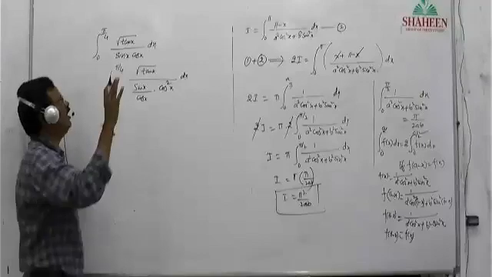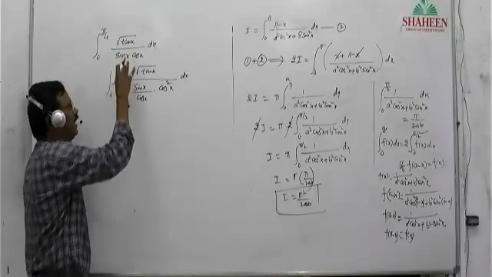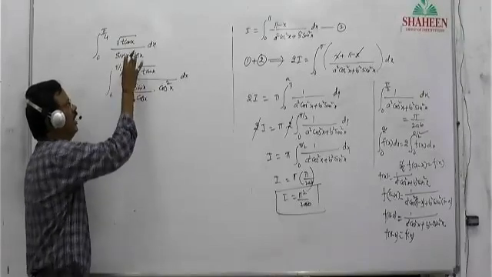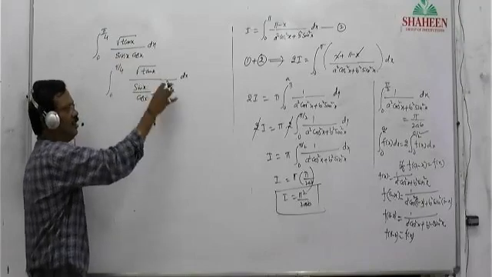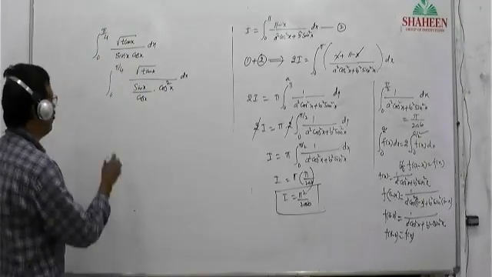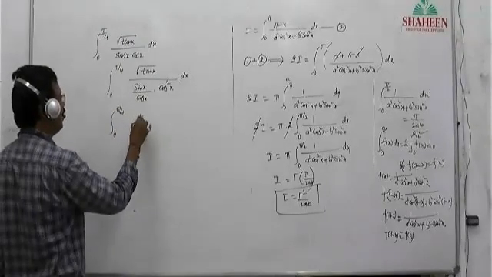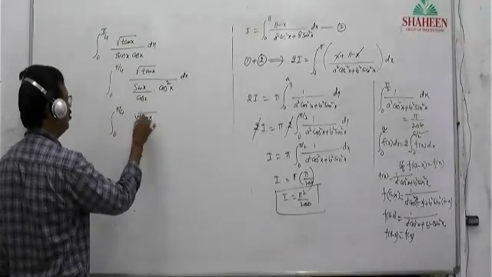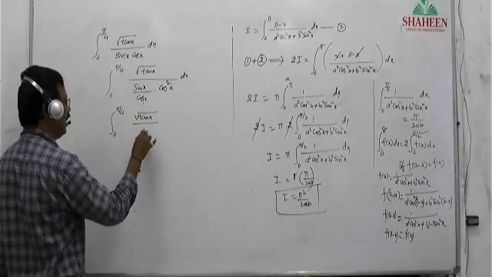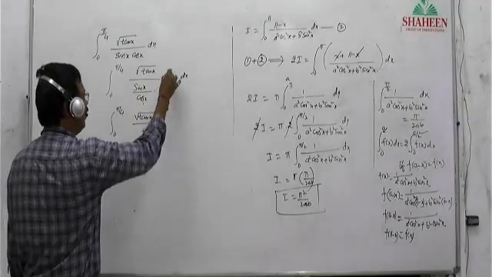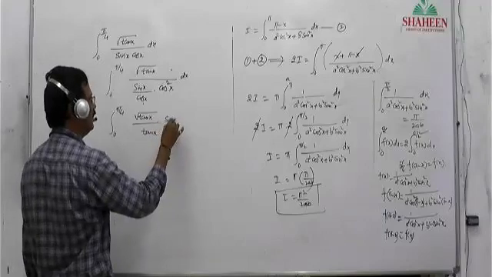In the denominator, sin x by cos x into cos x, cos x into cos x is cos square x. Now see, sin by cos is nothing but tan, and 1 by cos square is nothing but sec square x dx.